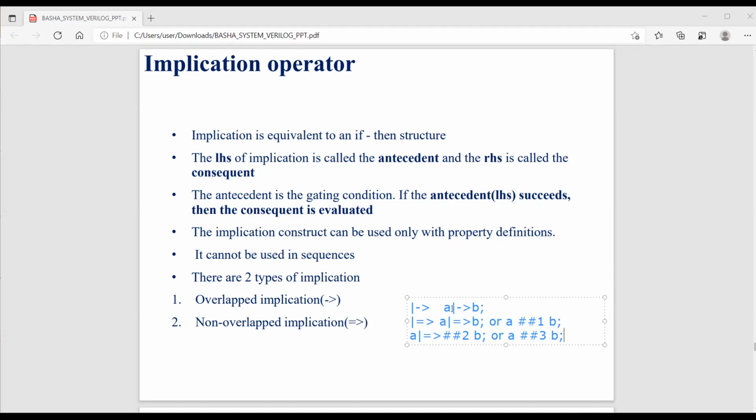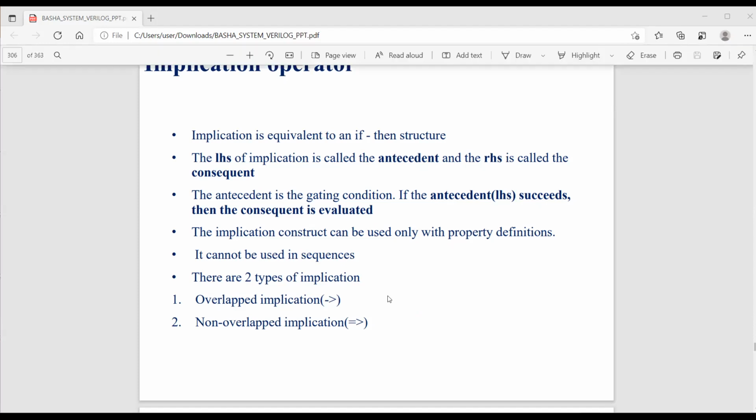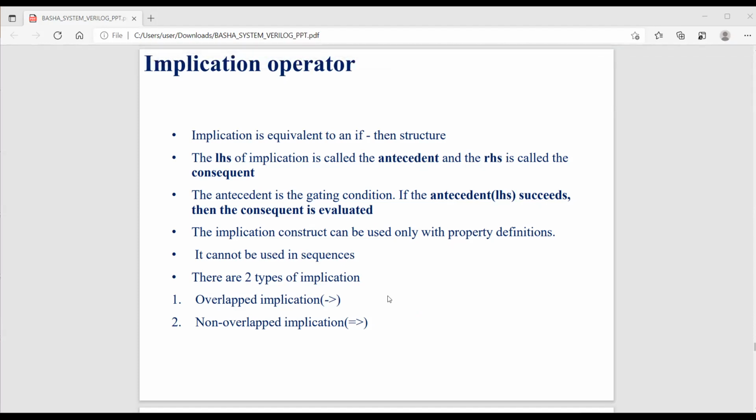Overlapped implication means it will check in the same clock cycle, whereas non-overlapped will check in the next clock cycle. Okay. So that is your implication operators, overlapped and non-overlapped.